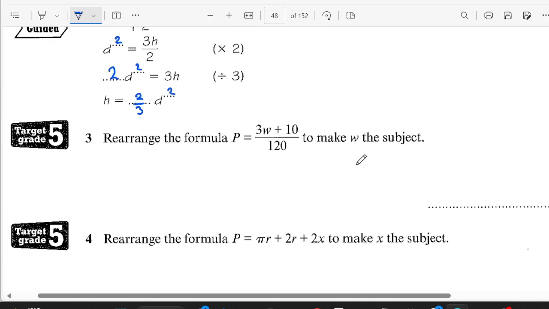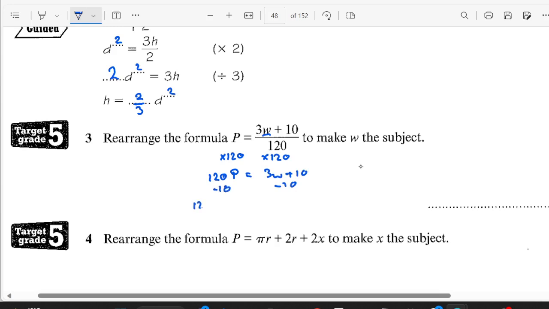Okay, for question 3, rearrange the formula to make w the subject. So w only appears once. I'm going to start by multiplying both sides by 120. So that would give us 120p is equal to 3w plus 10. I'm then going to minus 10 from both sides.